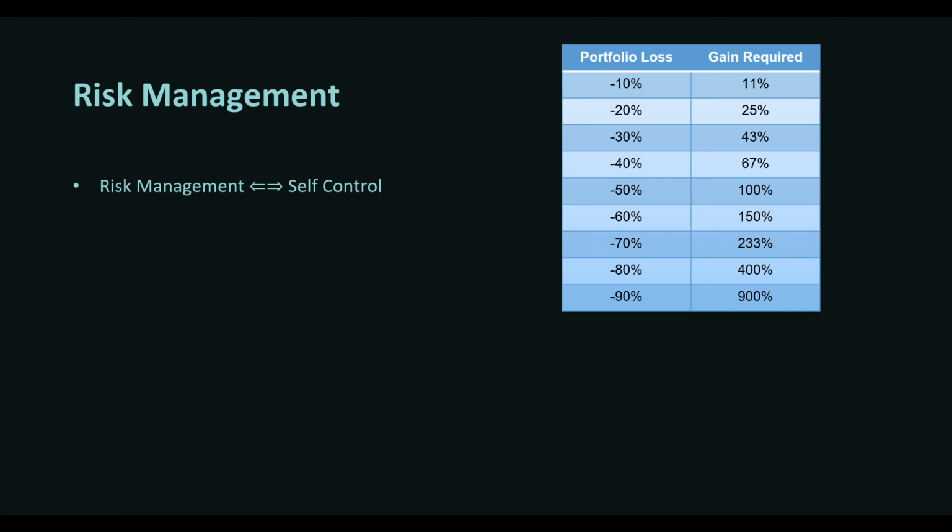Follow that table down all the way. You can see when you get into the 50% range, you have to make 100% back. You get down into the 70, 80, where you're starting to approach that account depletion zone. Now you have to really start making some big returns over the future.